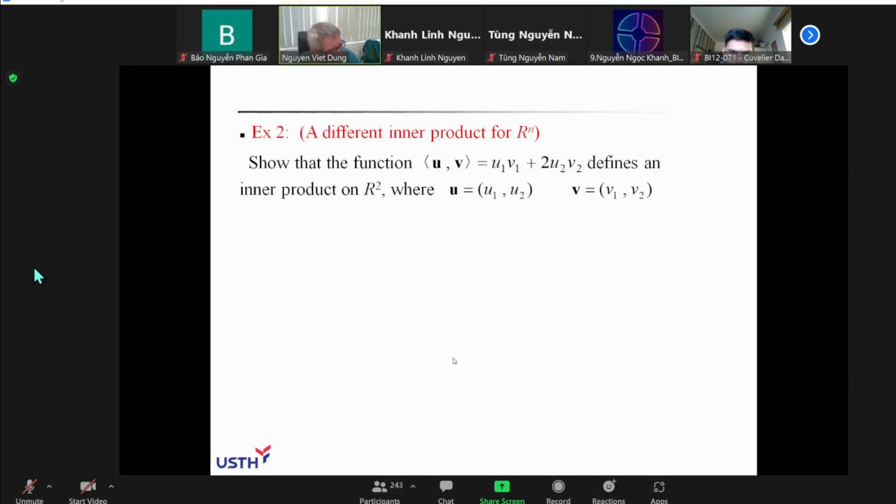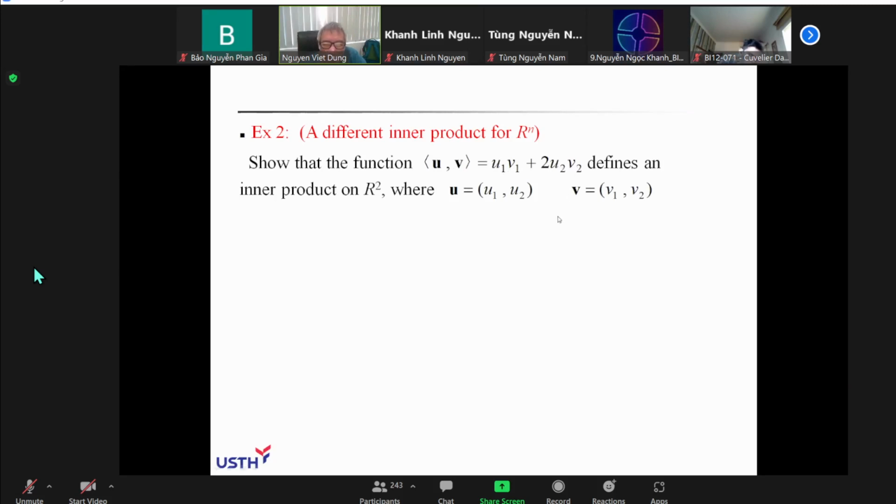I want to give you another example. Now we consider R^2, not R^n, R^2 only, a very simple one, n equals 2. We define a function like that. For u with coordinates u1, u2 and v with coordinates v1, v2, we define the function <u, v> equal u1 v1 plus 2 times u2 v2.